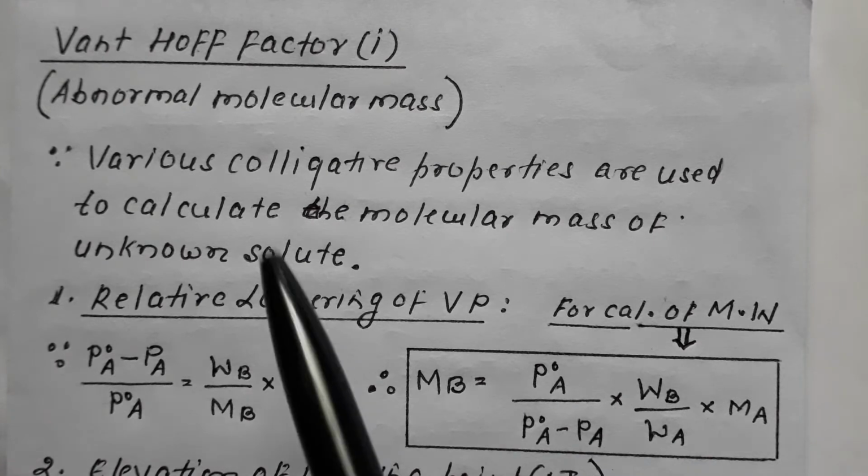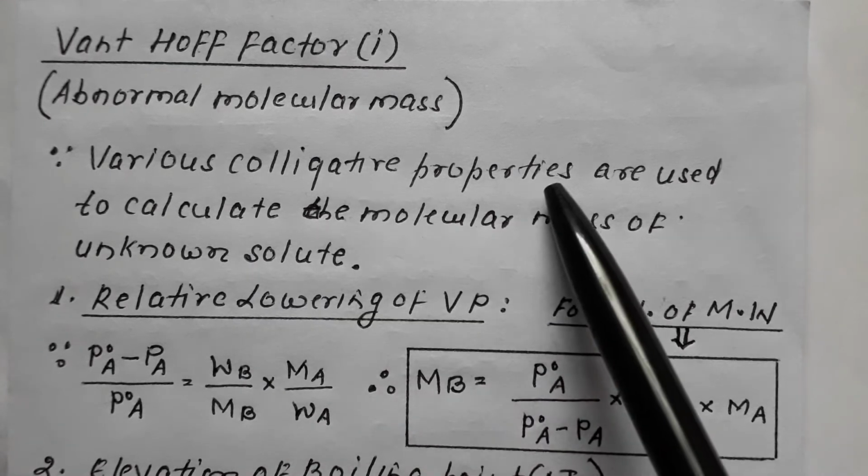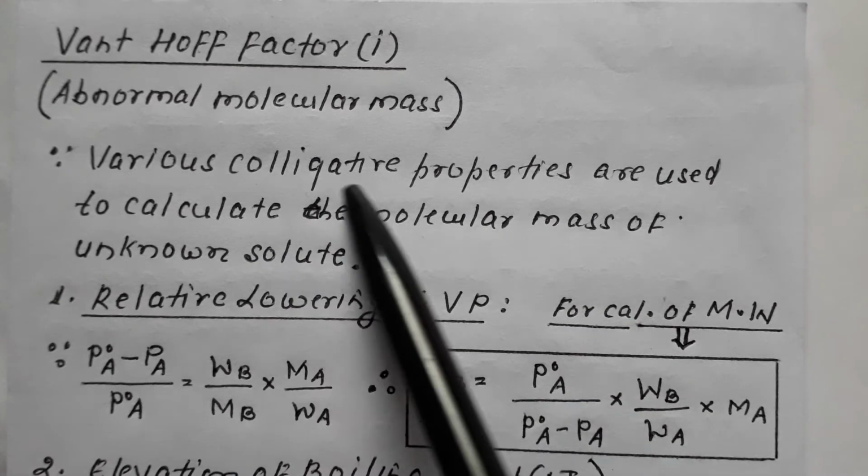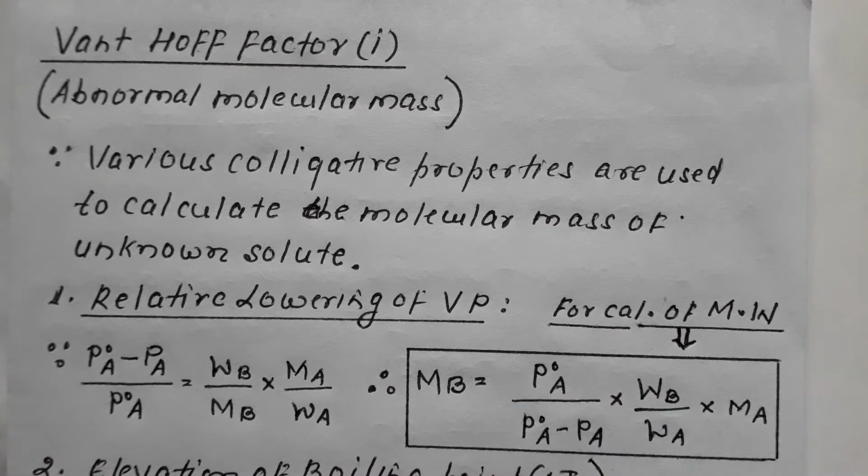So if the solute undergoes association or dissociation in the solution, then the number of particles in the solution would be different than what it should be. By the change in the number of particles, the colligative property is going to change.